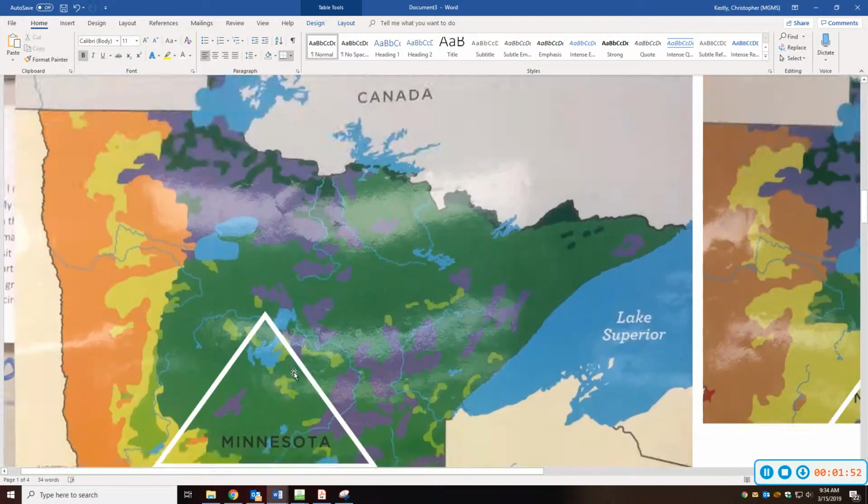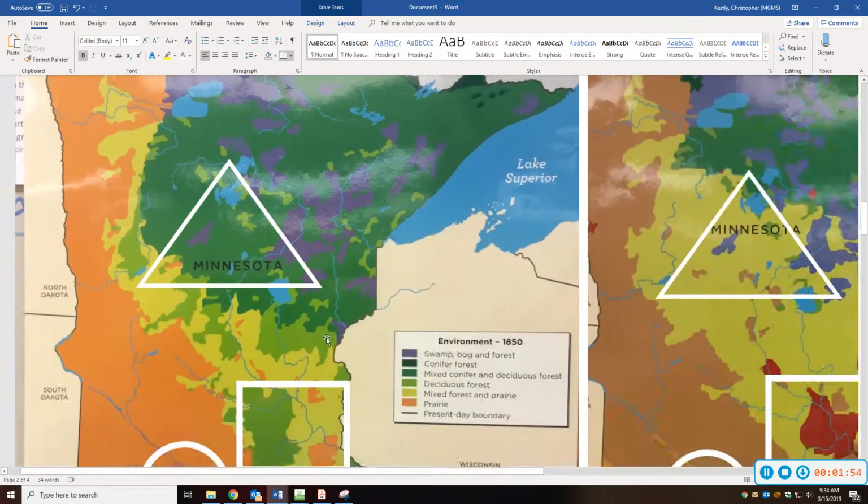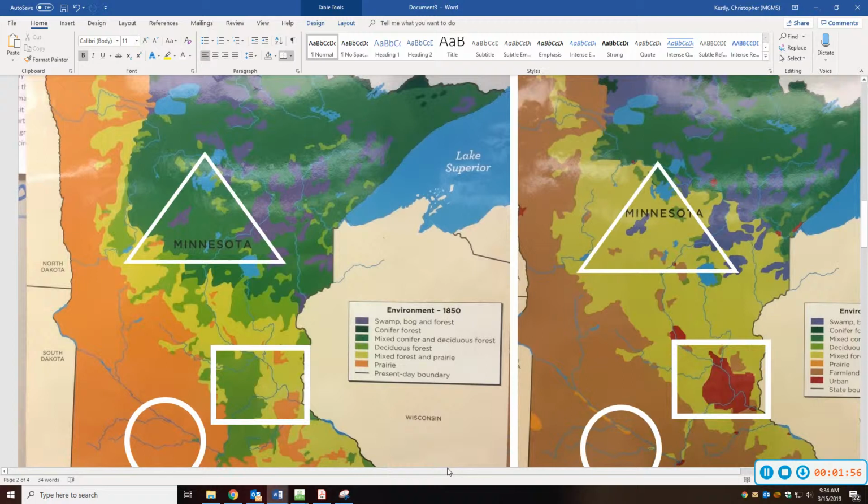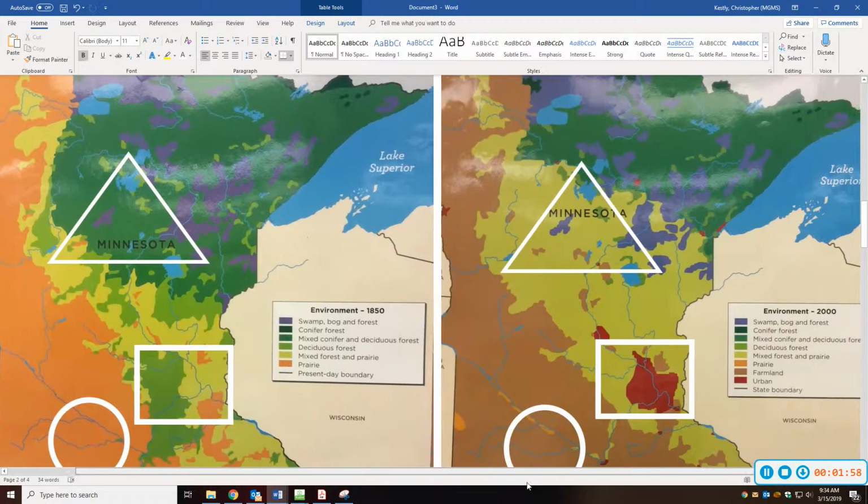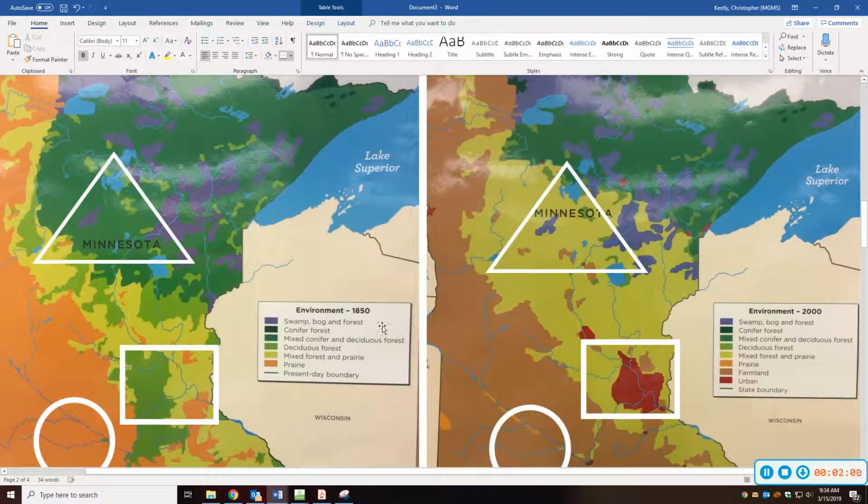Alright, so what I want you to do is look at how drastically Minnesota has changed over the last 150 years or so. The map on the left here is 1850, map on the right is 2000. So what has changed? Let's take a look at this triangle here. In this triangle, it looks like we have a lot of mixed conifer and deciduous, so there's a lot of pine and broadleaf.